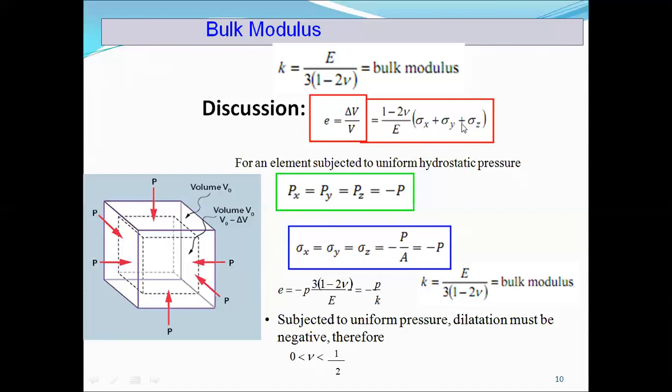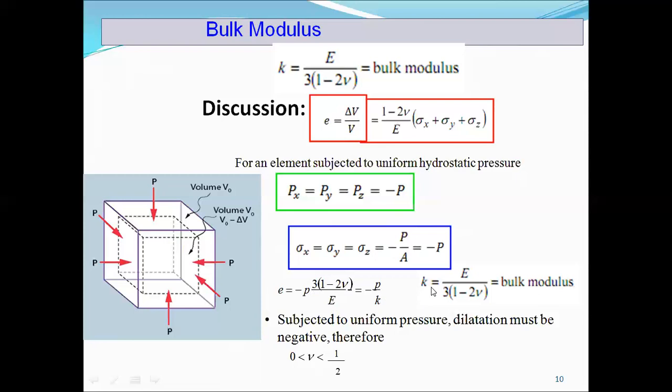So we are writing minus 3P times 1 minus 2 mu by E. Now in this equation, this quantity appears, 3 times 1 minus 2 mu by E. For the sake of simplicity, we call the reciprocal of this quantity the bulk modulus.